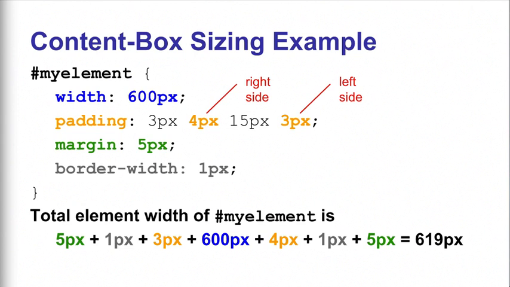That works out to 619 pixels in total. So, even though the designer specified that the width be 600 pixels, the element actually takes up 619 pixels on the page.